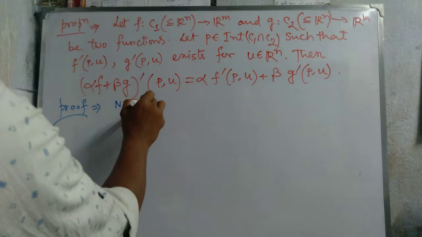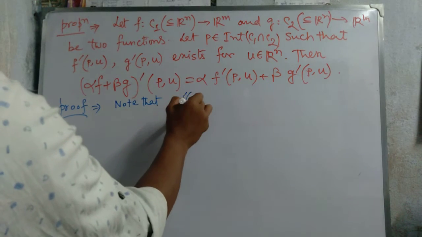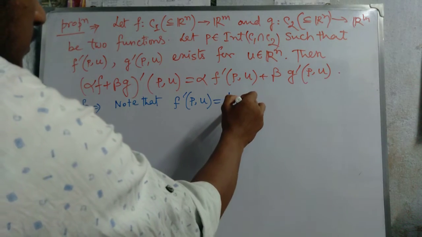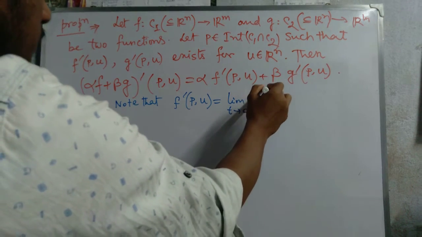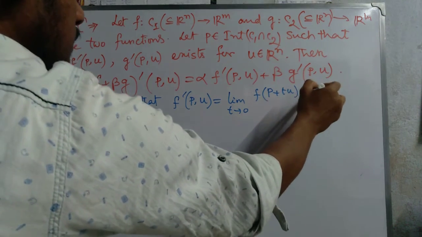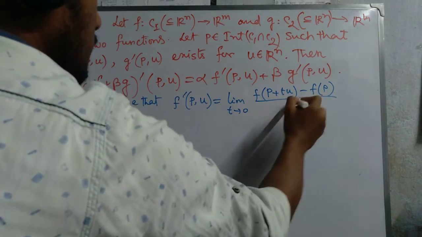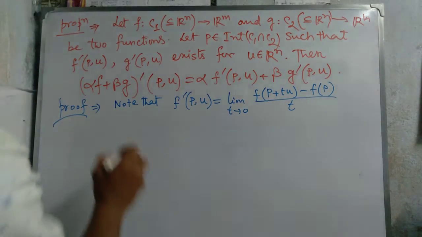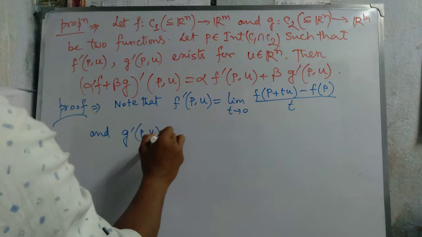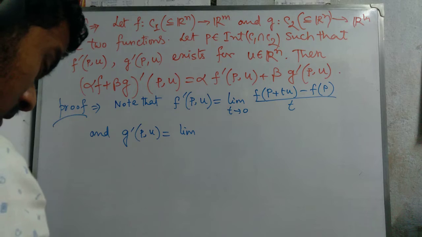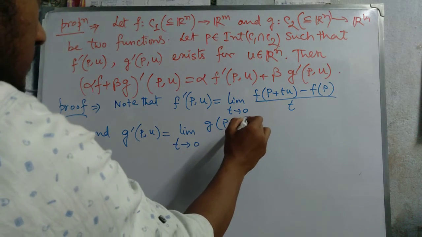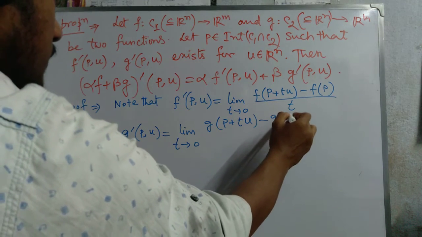Note that f dash(p, u) equals limit t tending to 0 of f(p plus tu) minus f(p) by t, and g dash(p, u) equals limit t tending to 0 of g(p plus tu) minus g(p) by t.